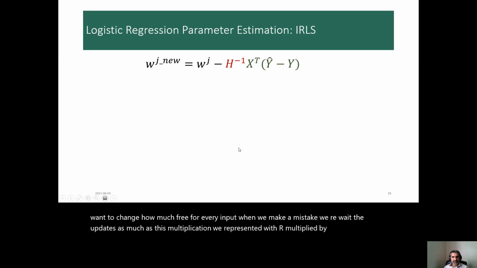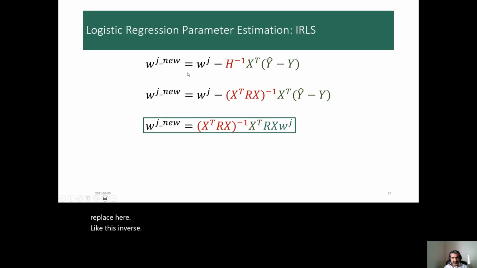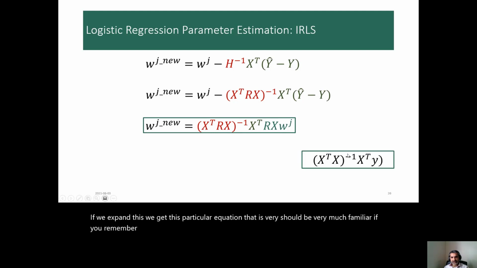So X transpose RX, if we replace it here like this, inverse, and this much is okay to update with IRLS. But we take it a little further, and if we expand this, we get this particular equation that should be very much familiar. If you remember, X transpose X inverse.